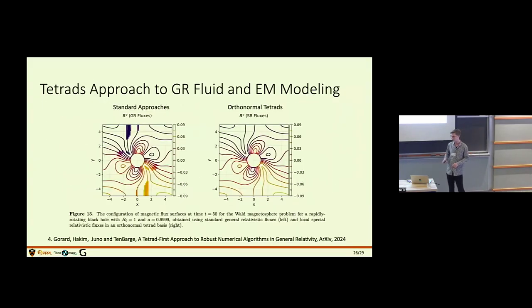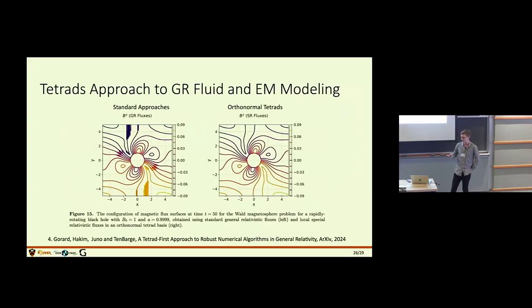So where did this approach originate from? This came from GR fluid and EM modeling, where in standard approaches you have a rapidly rotating solution. You want to calculate the Riemann problem to update the variables between cells. In the classic case, where you use the Riemann problem using these GR variables, it can be very difficult in rapidly rotating cases to not introduce numeric noise through calculating the Riemann solve.